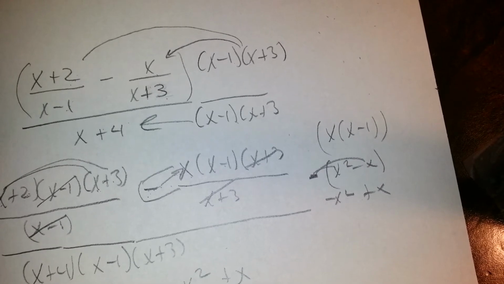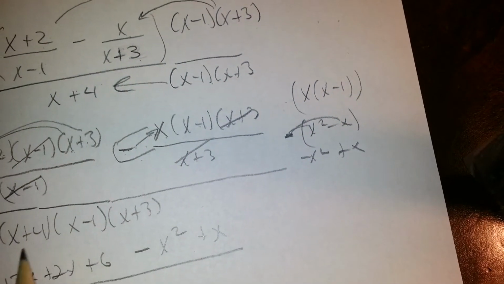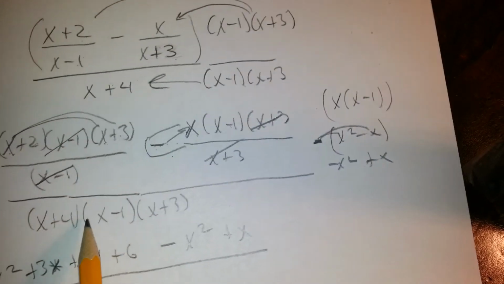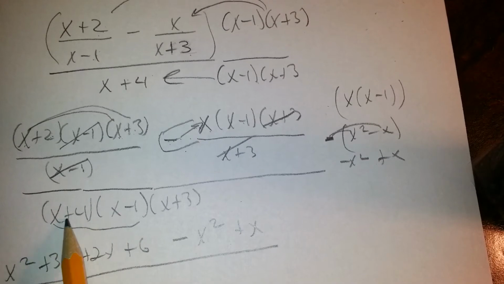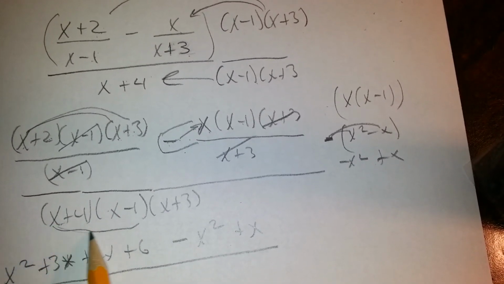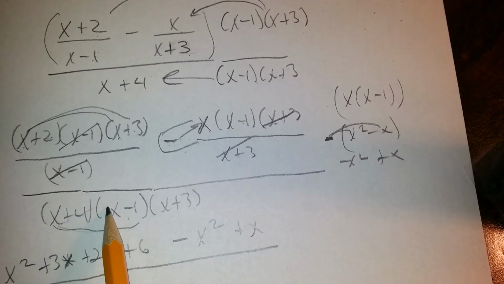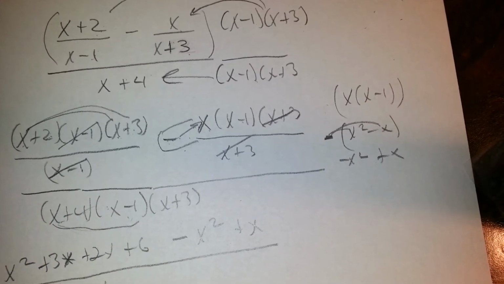All right, so here's my numerator. All right, and my denominator is going to be this. Let's FOIL this right here. x times x, x squared. The inner is 4x, my outer is minus x, plus 4x minus x.